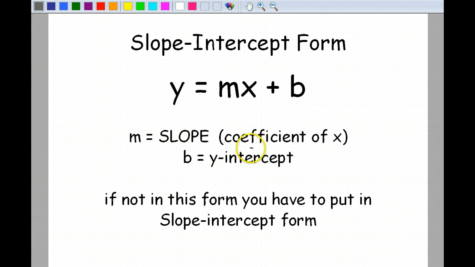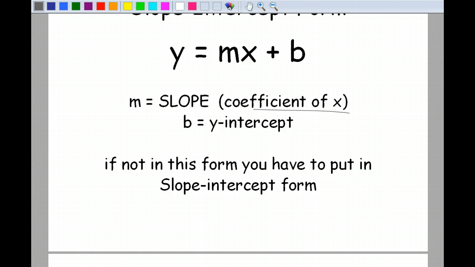So the m value, or the coefficient of x, the number in front of x, tells you what your slope is. This b value, which we learned from our previous problems, is my y-intercept. If your equation is not in this form, you have to put it in this form. That's why we stressed moving those problems around.